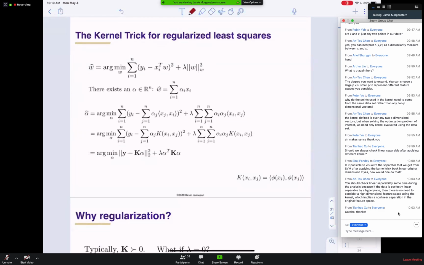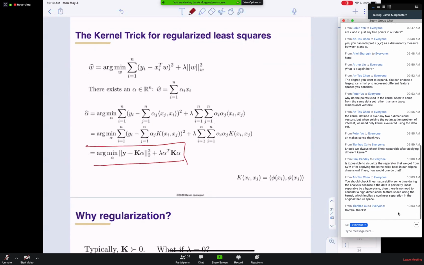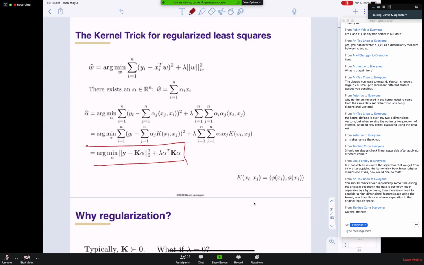And doing so will tell us that what we want to find is the vector alpha which minimizes y minus K alpha, the L2 norm of that squared, plus some regularization term. And this regularization term, we certainly had some intuition for why we were regularizing when we were thinking about least squares without thinking about the kernel explicitly.